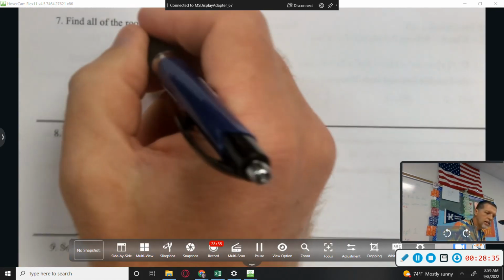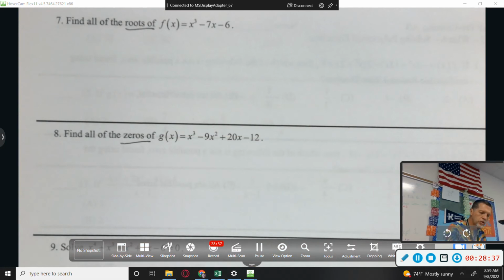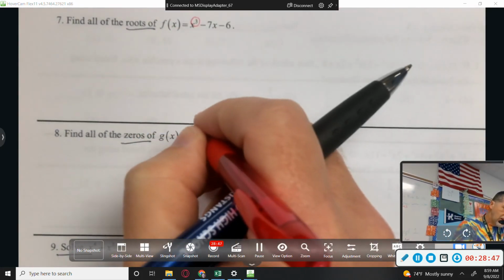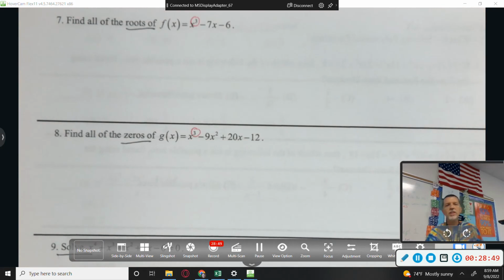Find all the roots, find all the zeros, solve. That's the same question, just asked different ways. 7 and 8 are kind of like the one we just did. They have 3 zeros. So yes, you have to play the guessing game, but you really only have to find 1, because then you're good.